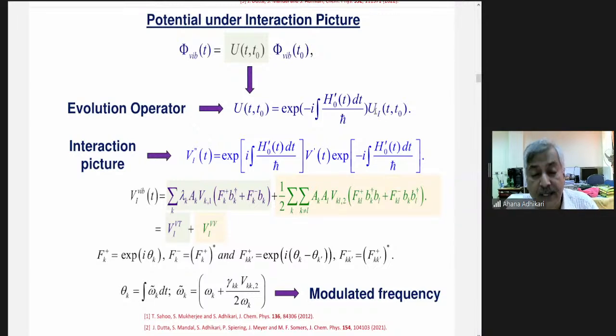It is customary and theoretically exact, but it will be helpful if you move to the interaction picture of the Schrodinger equation. So therefore, you move to the interaction picture in this form, and that is very simple. It's a technique that anybody can learn within a few days, and then you can write the interaction Hamiltonian.